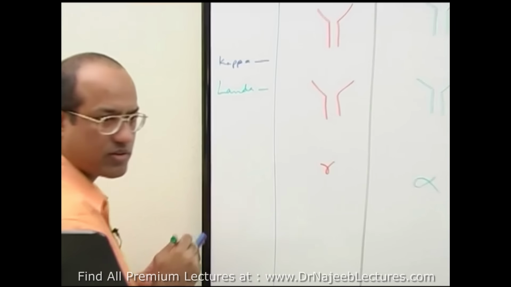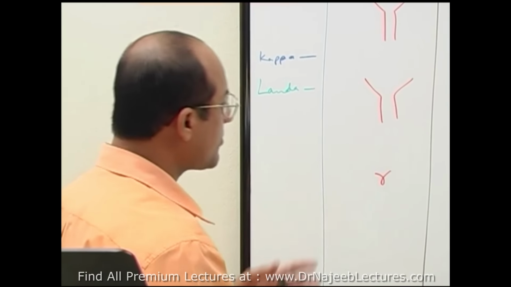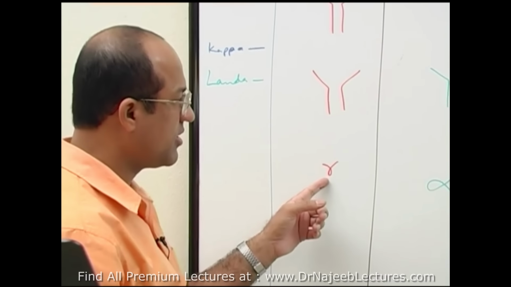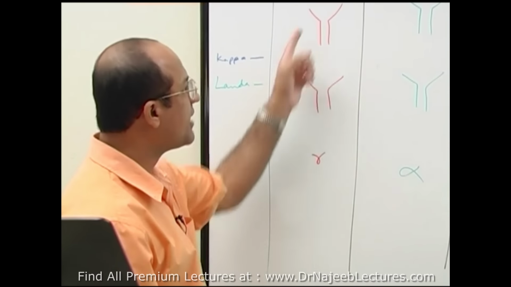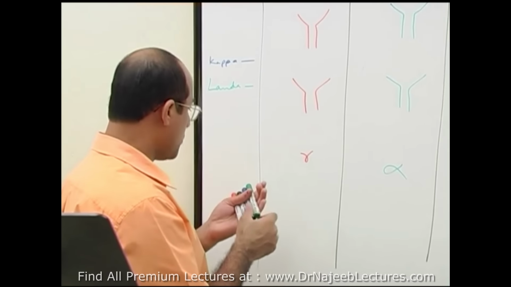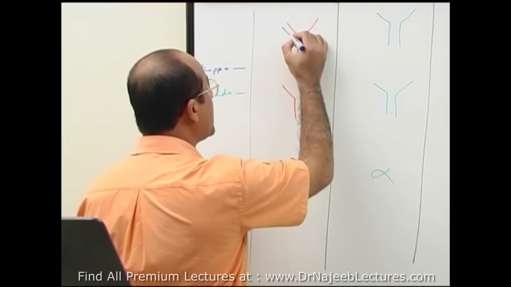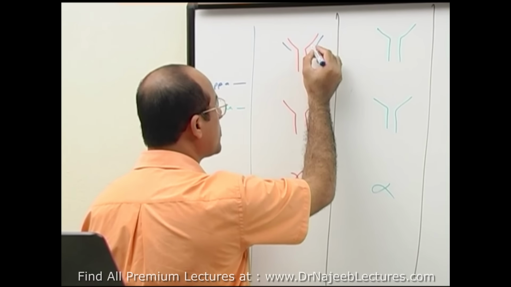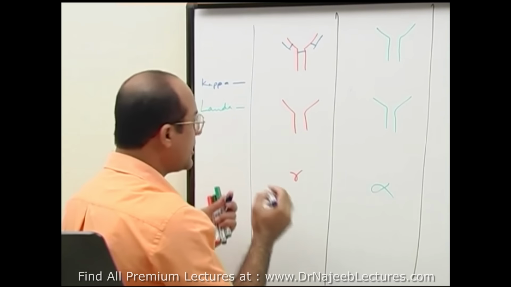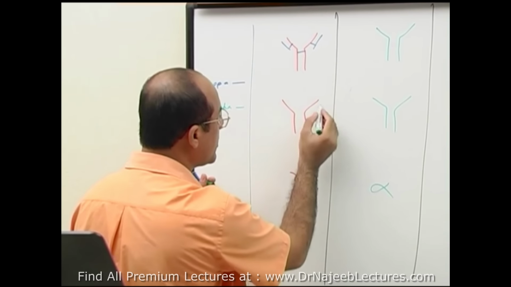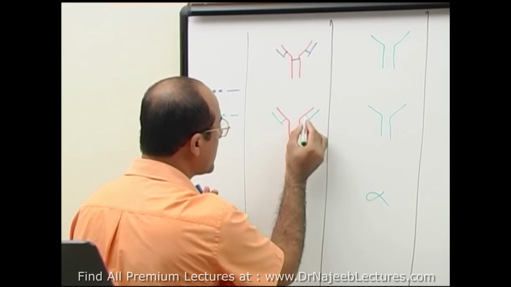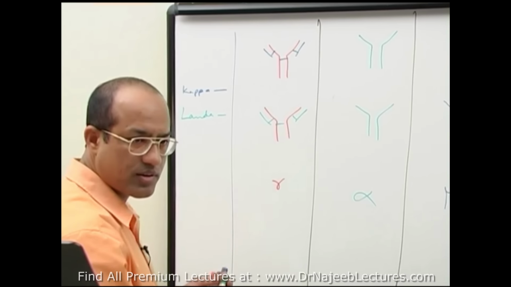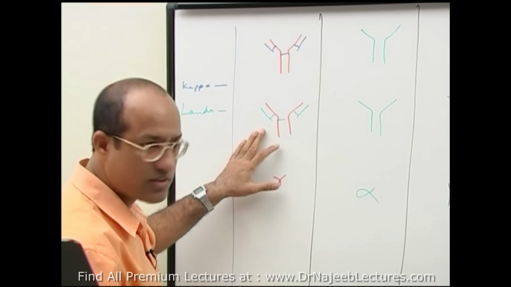Actually, if you take all the antibodies with the gamma heavy chains, some of them will be having kappa light chains, of course held together by disulfide bond, and some of them will be having lambda light chains, is that right?